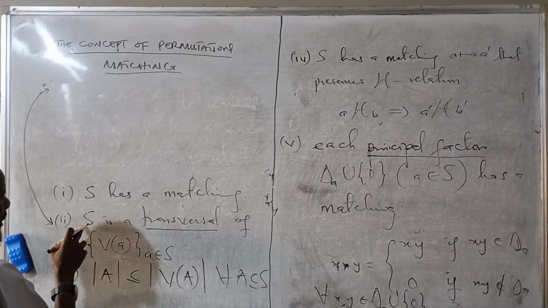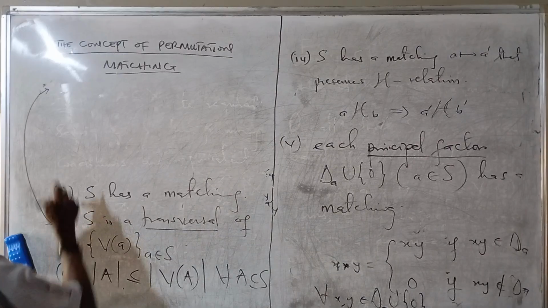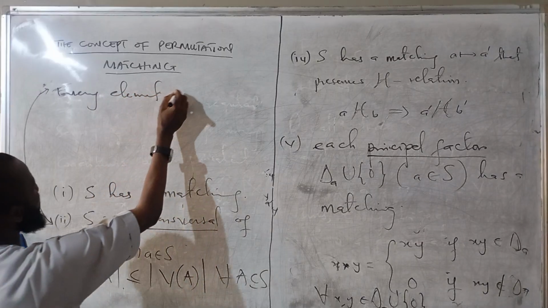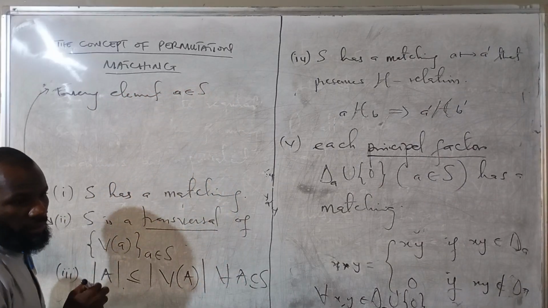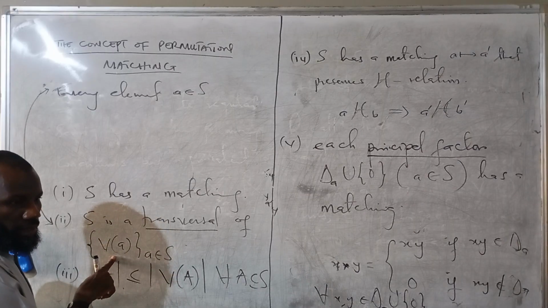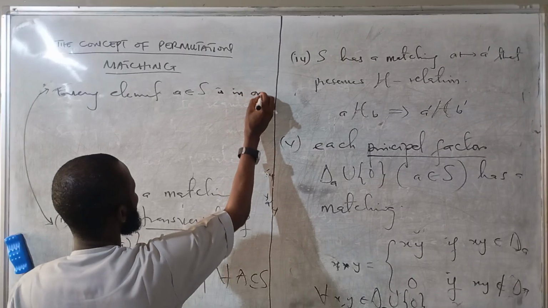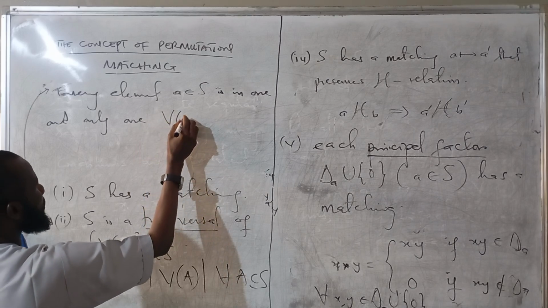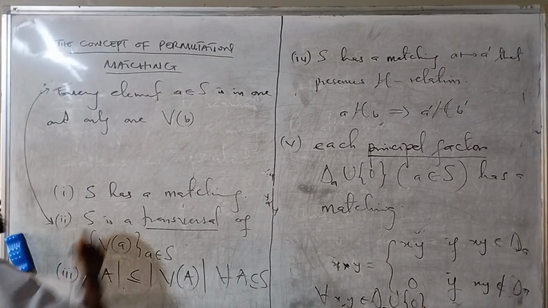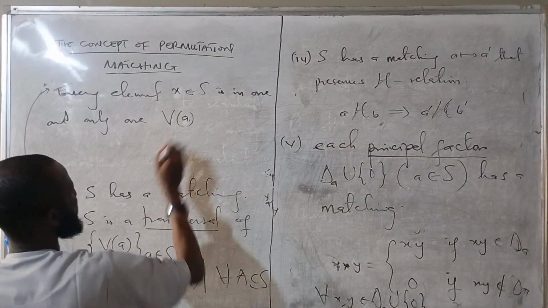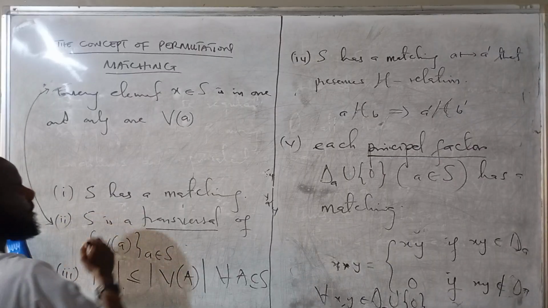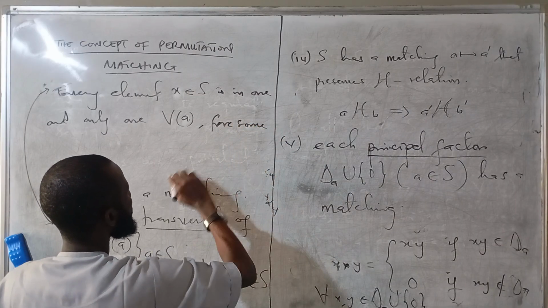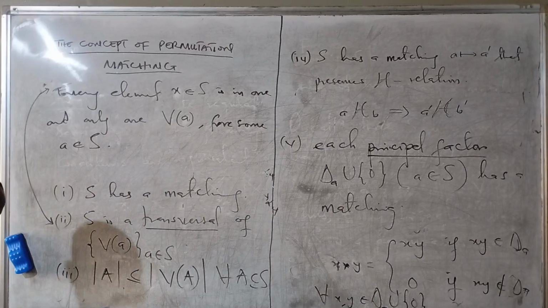So what we are saying is that S is a transversal of this is to say that every element A in S belongs to one and only one of these subclasses V_A, for some A in S. Okay, look at it now.